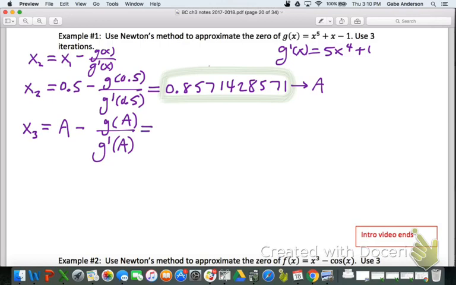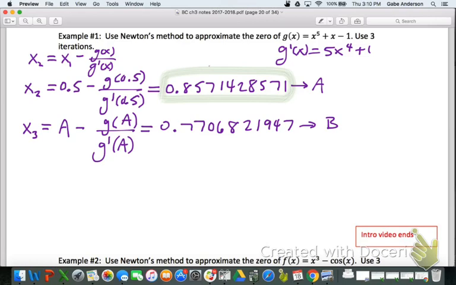All right, so this time I got 0.7706821947. I'm going to store that as B. And we're going to do one more iteration, so that our third iteration will be our most accurate approximation yet.